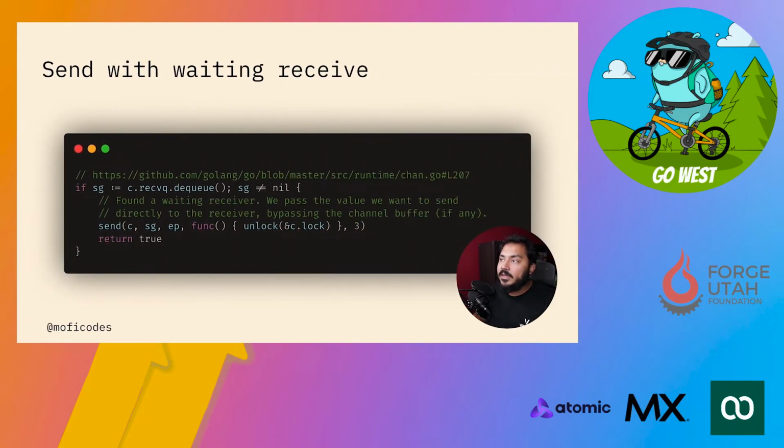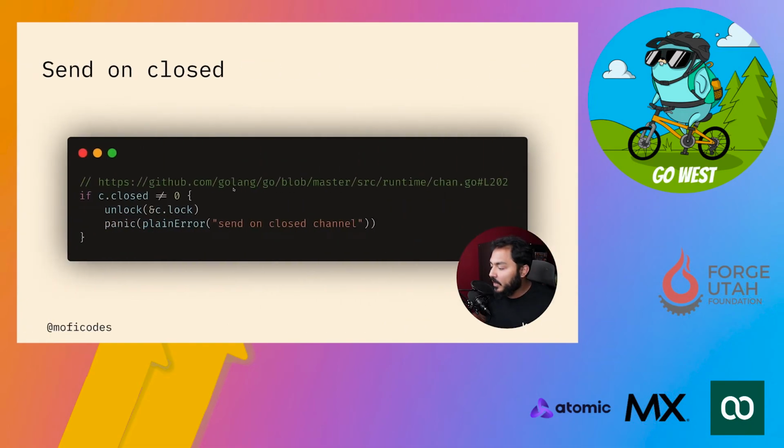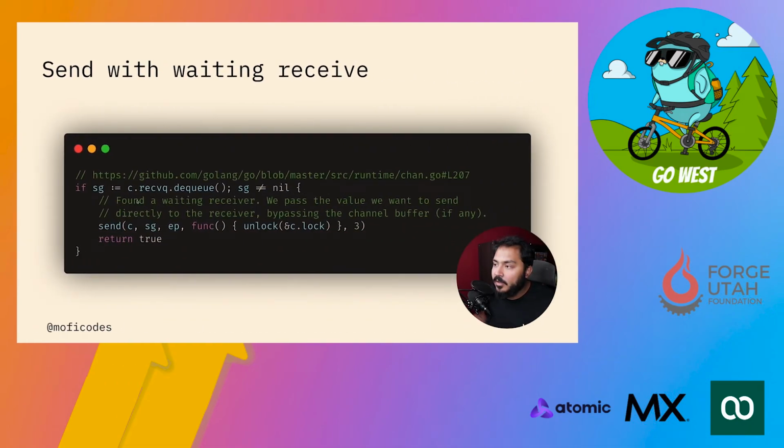Finally, send with a waiting receiver. If a send has a waiting receiver, what happens is you dequeue from the receive queue, and if that is not nil, we directly send the data to the receiver instead of putting it onto the buffer. This is just an optimization the Go team made to make it more efficient.